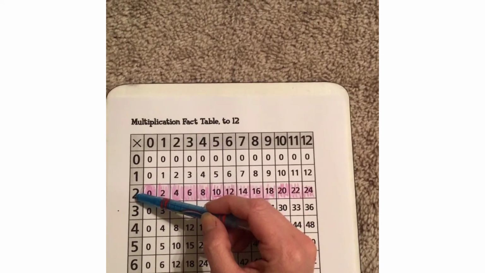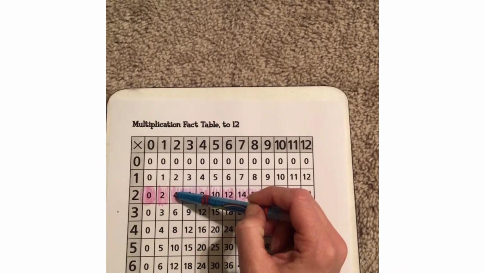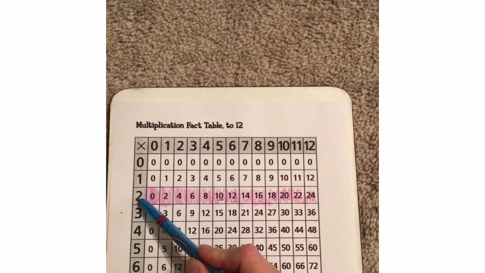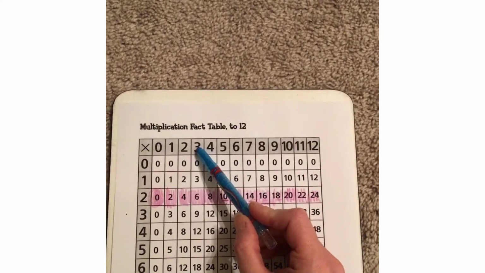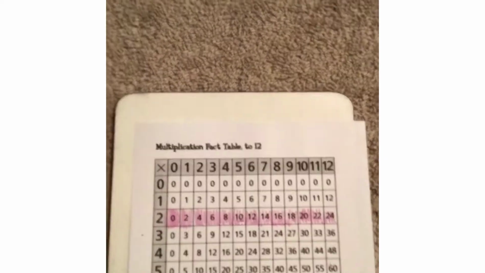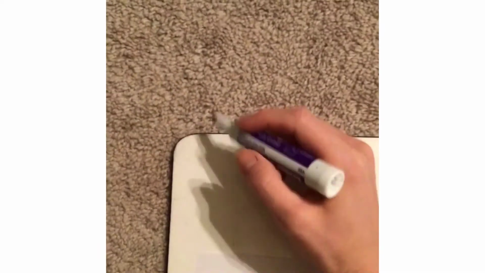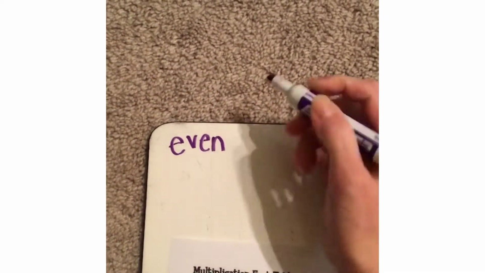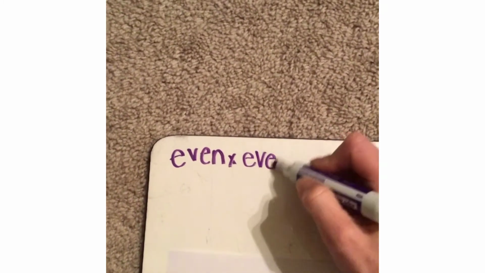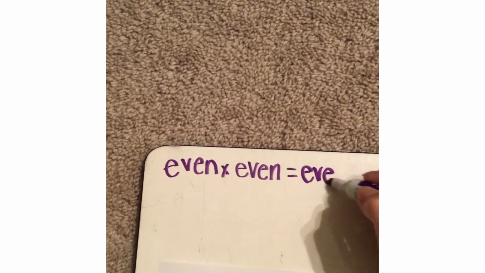When I have an even number times an even number, I get an even number. 2 is even times 3, which is odd, and I still get even. So I'm going to write this hypothesis. Let me grab a dry erase marker. I'm going to say I notice that even times even equals even.